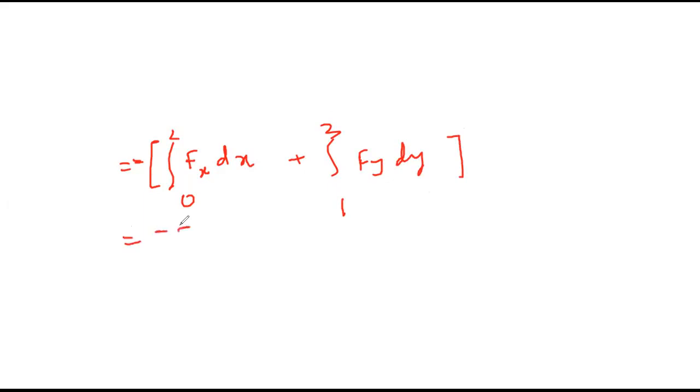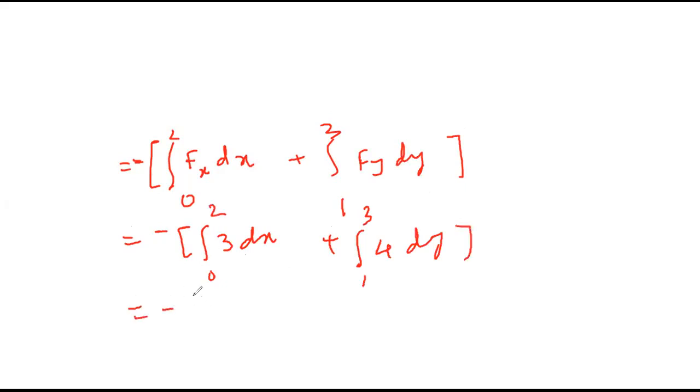Now this is nothing but 3 dx, because Fx is 3, and 4 dy, because Fy is 4, with y from 1 to 3 and x from 0 to 2. Now I can say this is minus of the integral, where the integral of dx is x. So 3x from 0 to 2 plus 4y from 1 to 3. This much clear? Yes, sir.